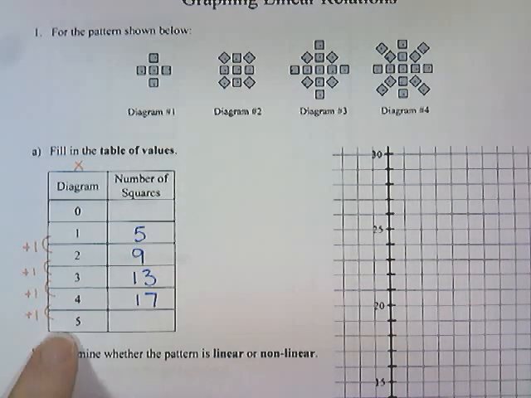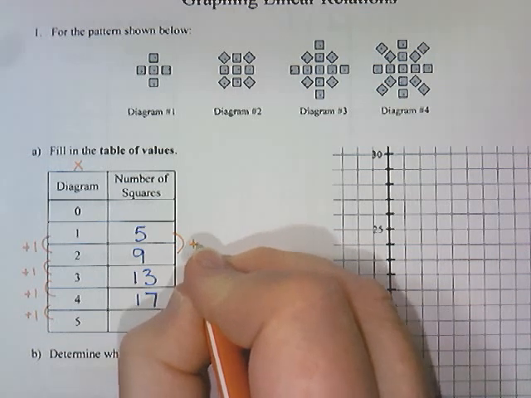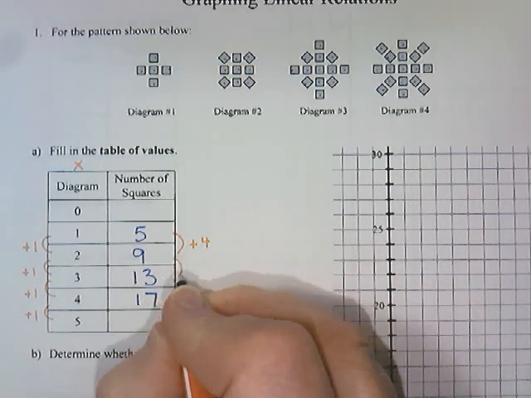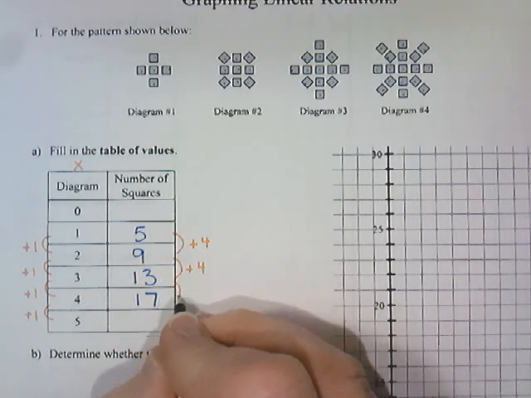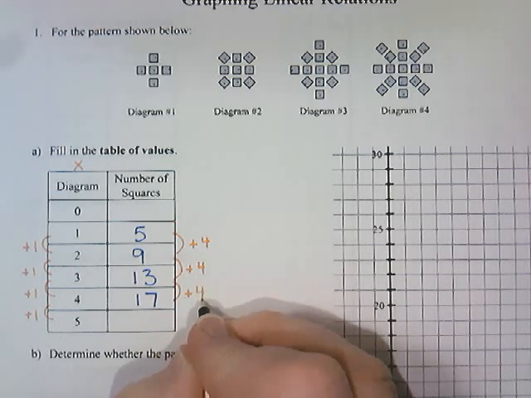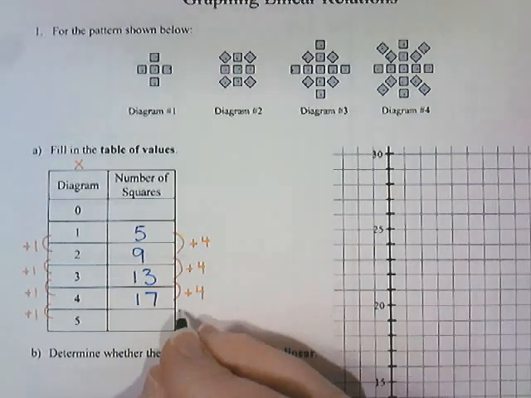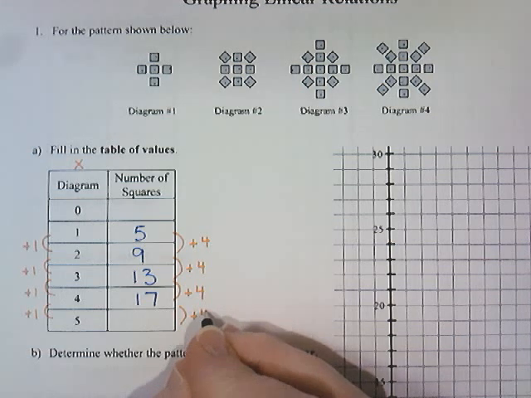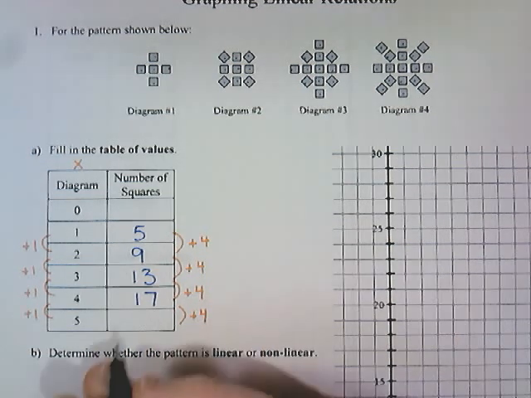On the other side, to get from 5 to 9, I added 4. From 9 to 13, I added 4. And from 13 to 17, I added 4. So I think to find term 5, I would just add 4. And 17 plus 4, that's 21.